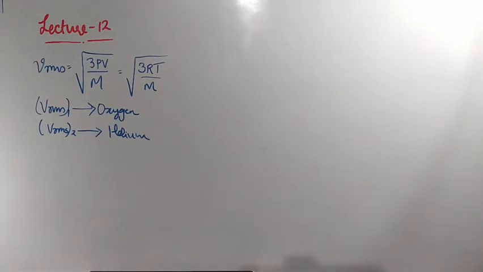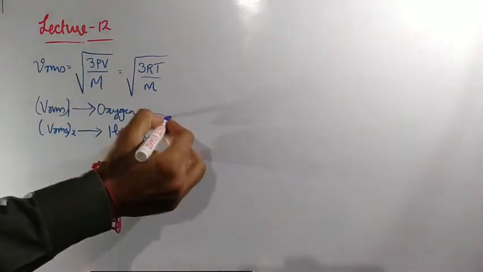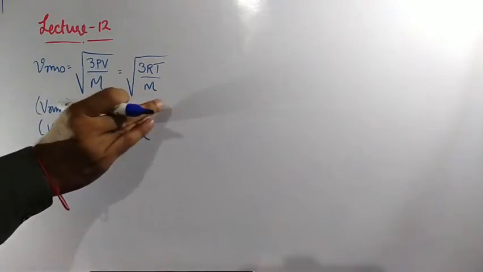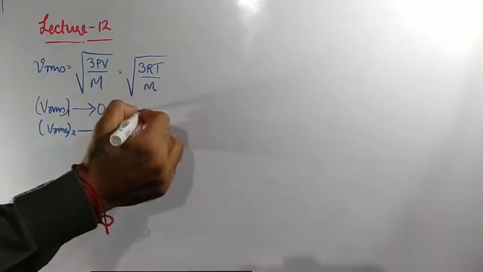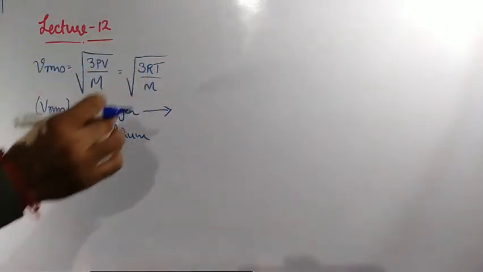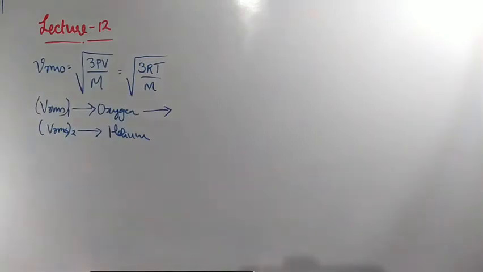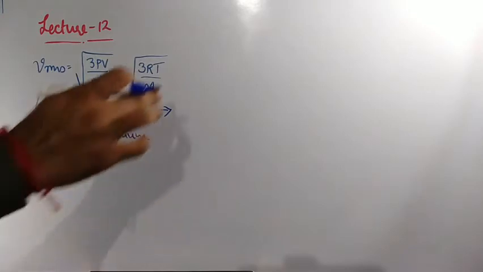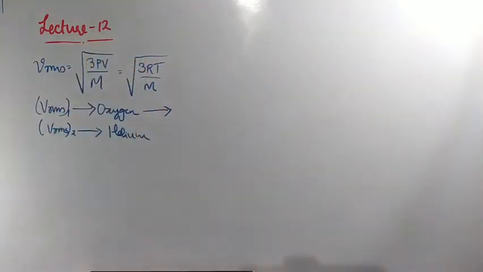Now we have to calculate with respect to the formula. VRMS 1 is 3RT divided by M under root. 3R is constant, because R is the gas constant, but temperature and M will change.